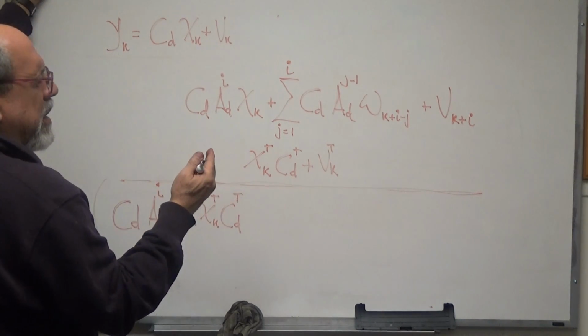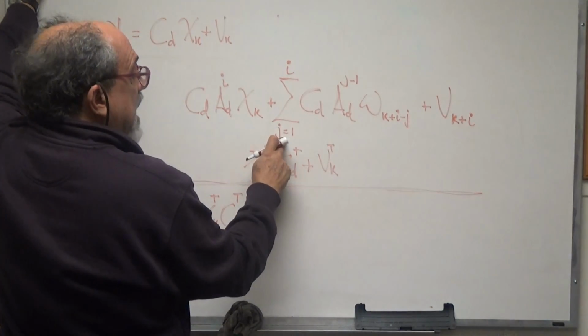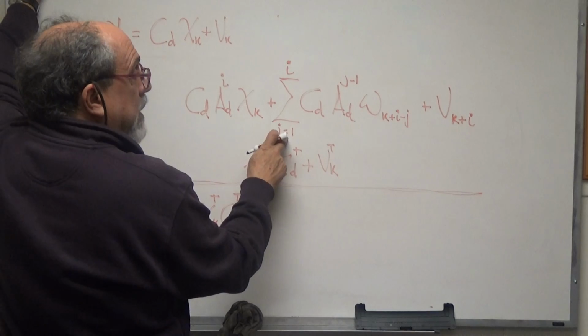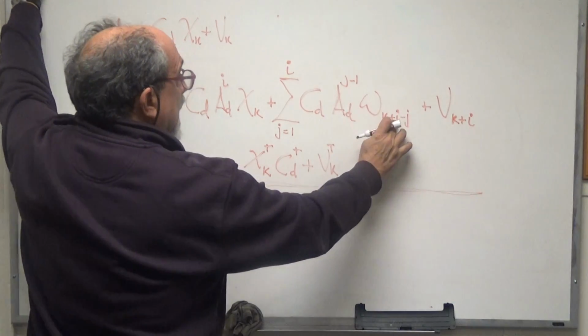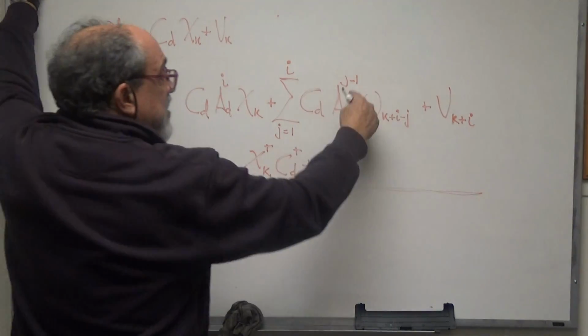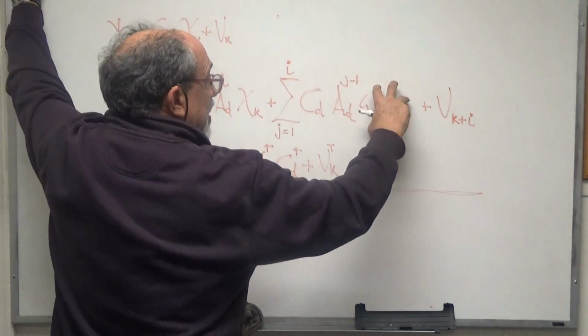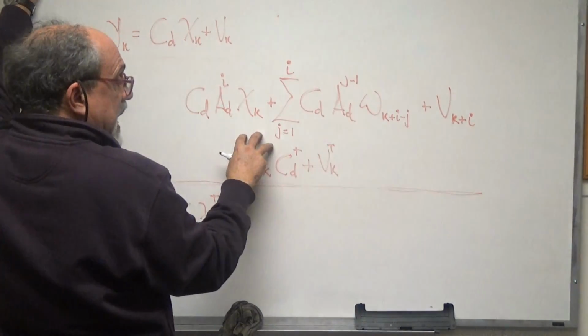Let's say we take J equal to 1, so K minus 1 plus I, where I is whatever power we're looking at. This term is, like we argued before, uncorrelated with xk.